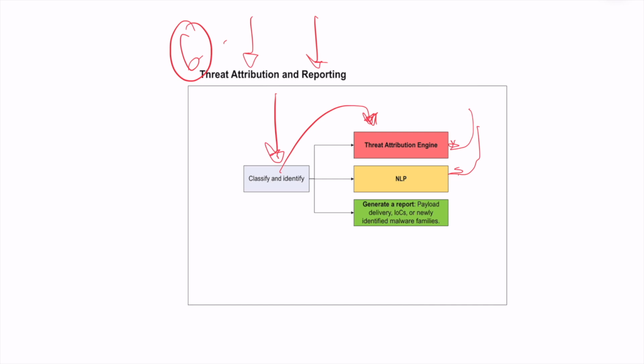And finally, you can generate a report that includes observed behaviors and payload delivery mechanisms, IOCs such as file hashes, IP addresses, and suspicious API calls, and attribution to specific APT groups or newly identified malware families. Those are the things that you could include when you're generating the report.